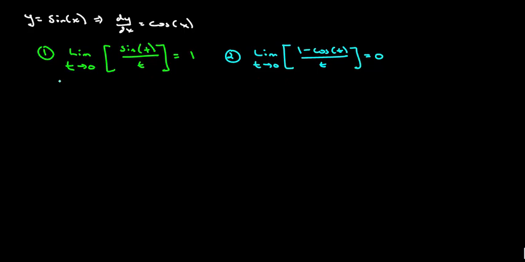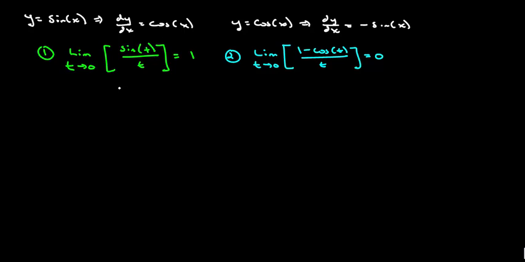First I'm going to prove these, and then I'm going to use them in the proof to get this, and I'm also going to use them in the proof to get this. If y is equal to the cosine of x, then the derivative with respect to x is equal to negative sine x. So we're going to get these two guys right here.